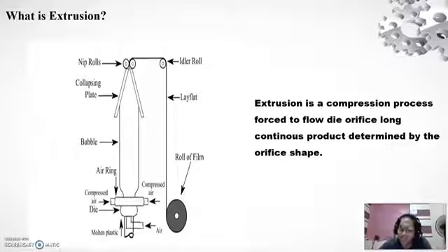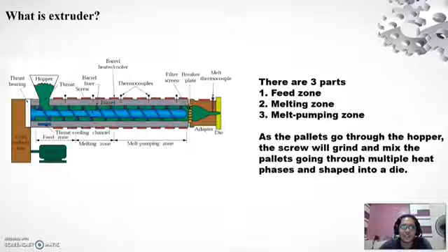Let me show you the extruder. If you can see, there are three main component parts: the feed zone, the melting zone and the melt pumping zone.